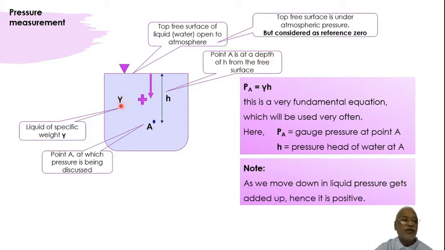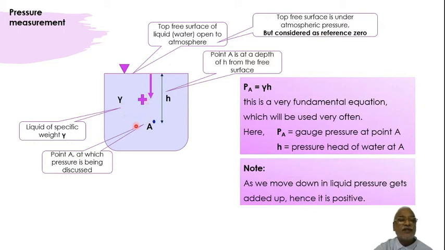If it is water, it will be gamma W. Point of consideration is point A at a depth of h. The point A is at a depth of h from the free surface. Now this free surface is under atmospheric pressure. But if we are talking about gauge pressure, this itself is considered as zero. Then afterwards it is added up.